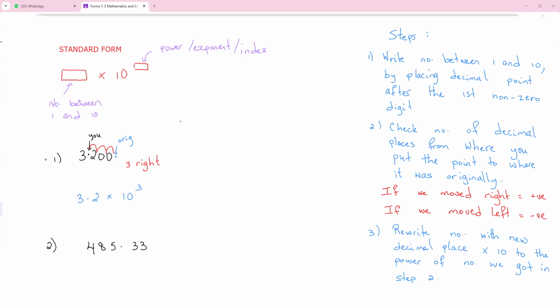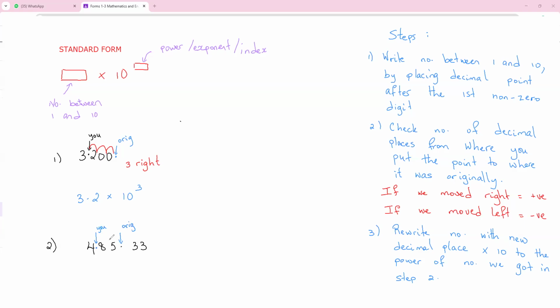Your first step is that you are going to put the decimal point after the first digit that is not 0. So the first digit that is not 0 will be 4. So you are putting the point here. Originally, your point was here.